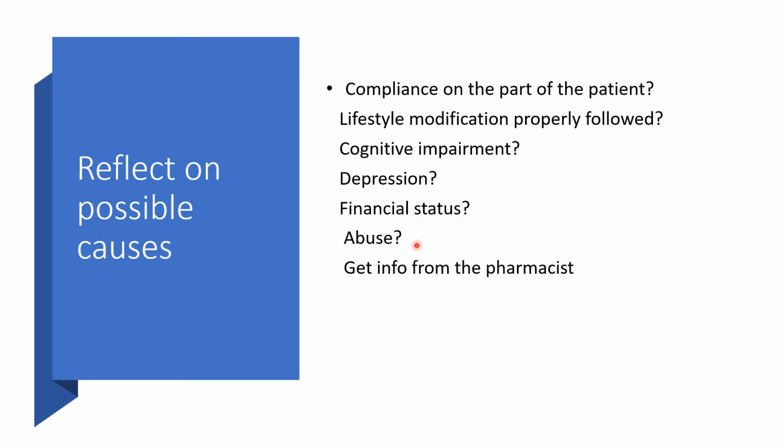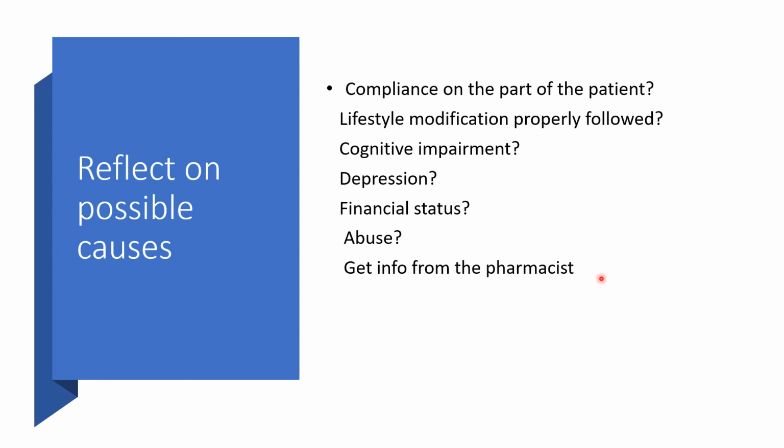So abuse, yes, this is a big issue. This is an elderly man, living with family members, or there are people coming in and out as staff helping him or her. Be careful. They may not be administering those medications. They may be stealing money that is meant to buy this medication and be telling lies.